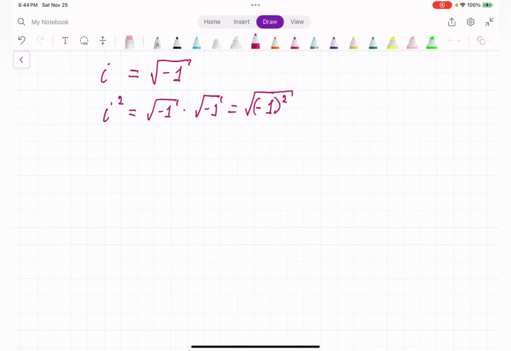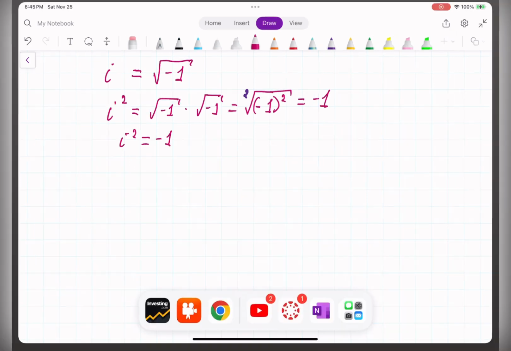And we have here also squared because it's a square root practically, and it's going to come out negative 1. All right? So I is equal to square root negative 1, and I squared is equal to negative 1. Those are what we are going to use in the following problems.